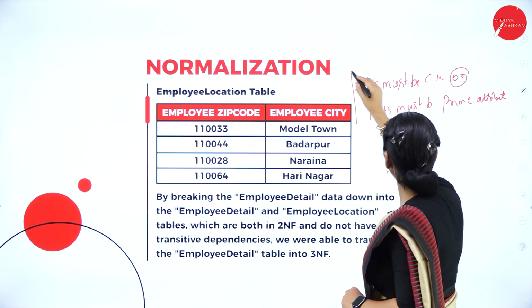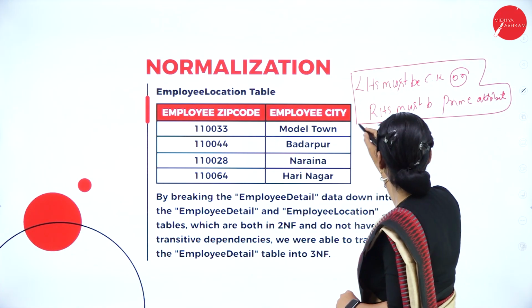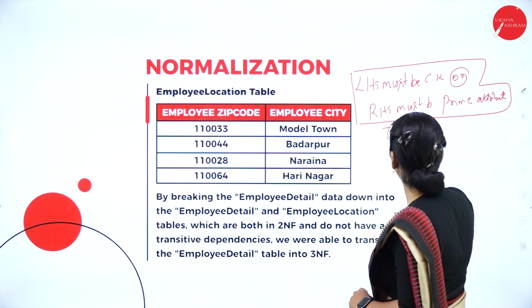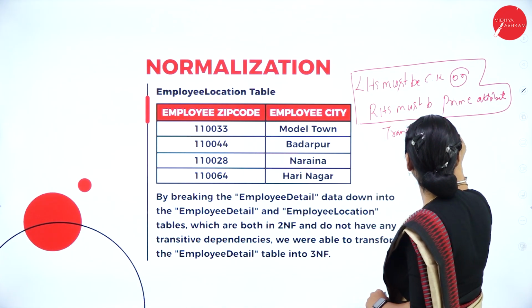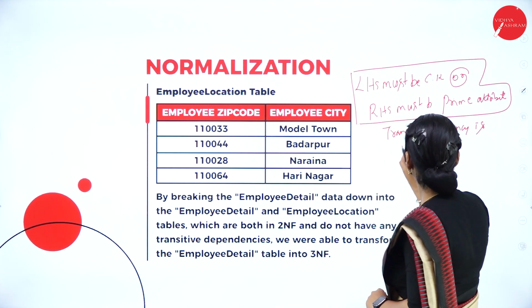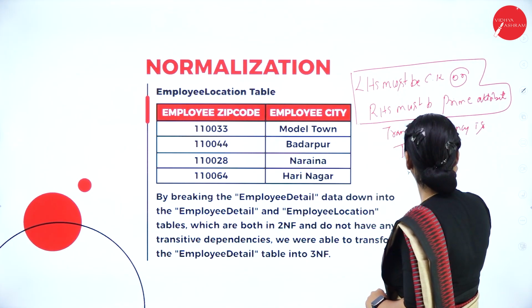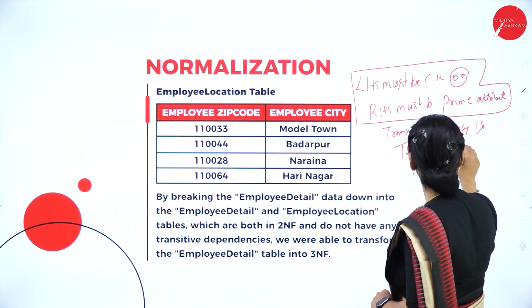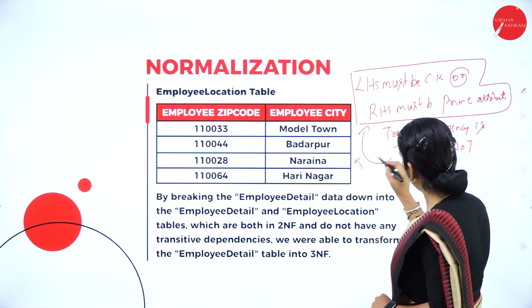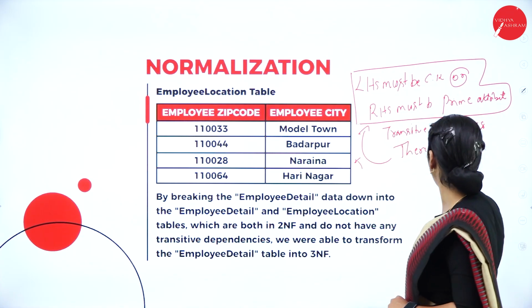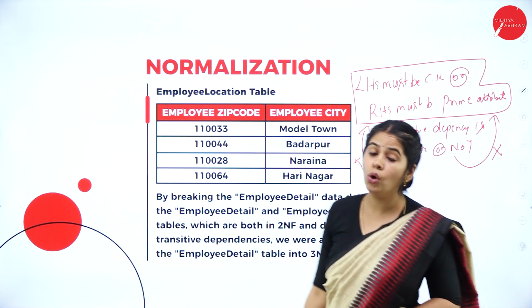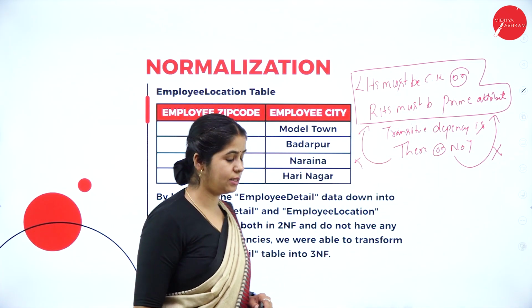By this condition, we can check whether there is a transitive dependency or not. If this condition is true, then there is no transitive dependency. If this condition is false, then a transitive dependency exists.